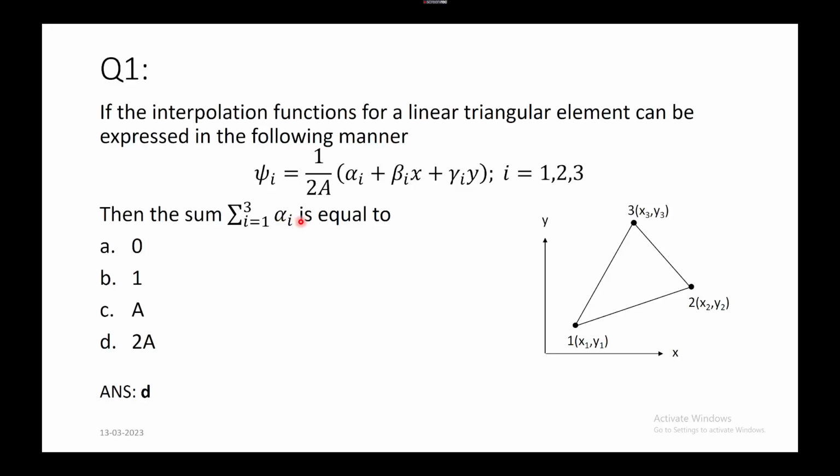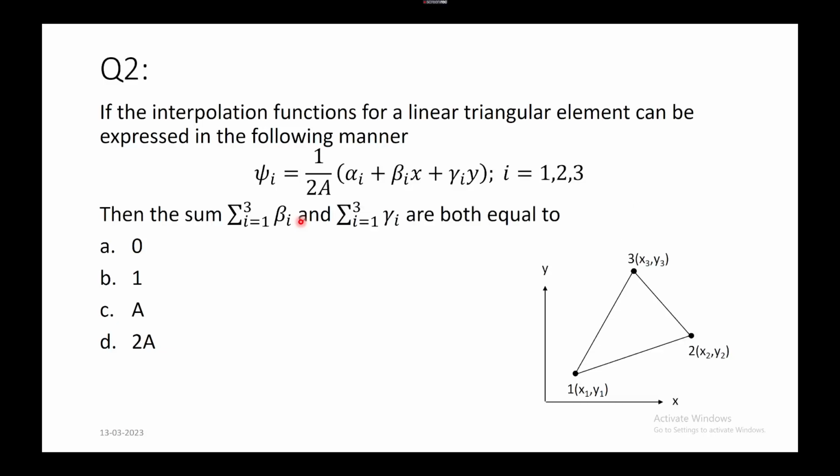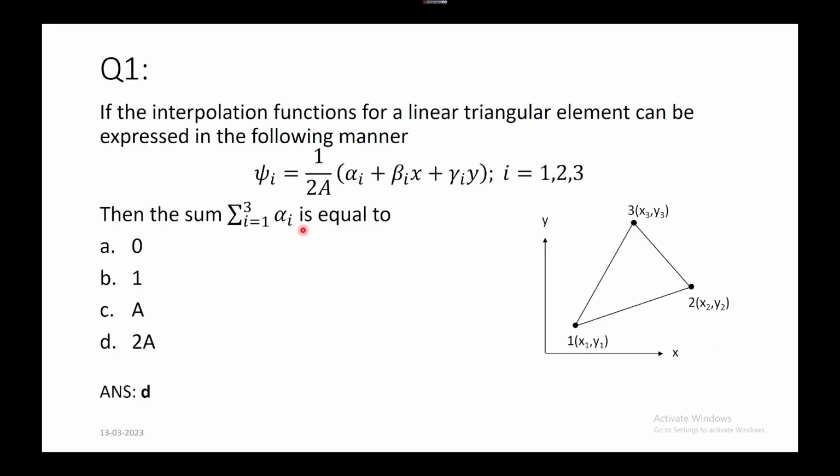With this we'll see a few more questions related to the same problem. For the same problem, now I want the sum of beta I and gamma I. Can you calculate and tell what will be the answer? Any doubt in the last question? We solved the alpha sum, no?